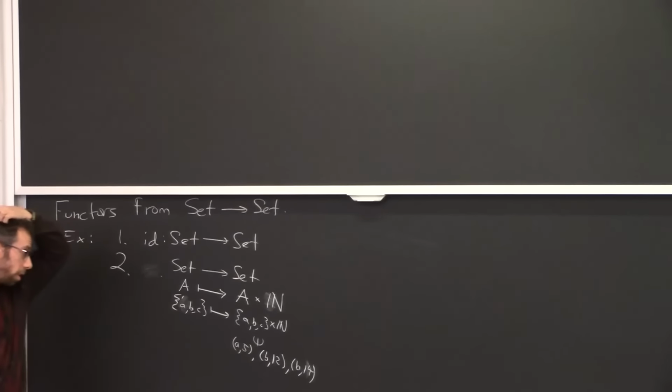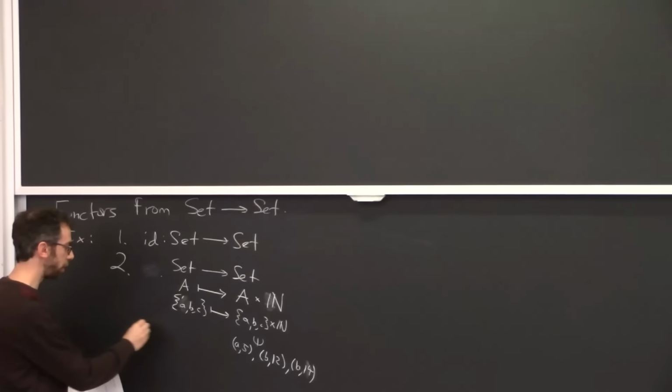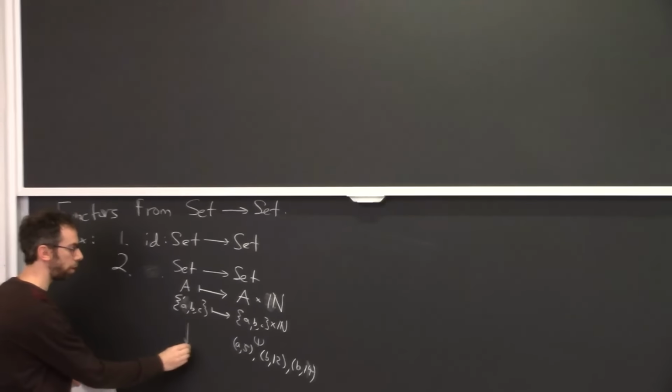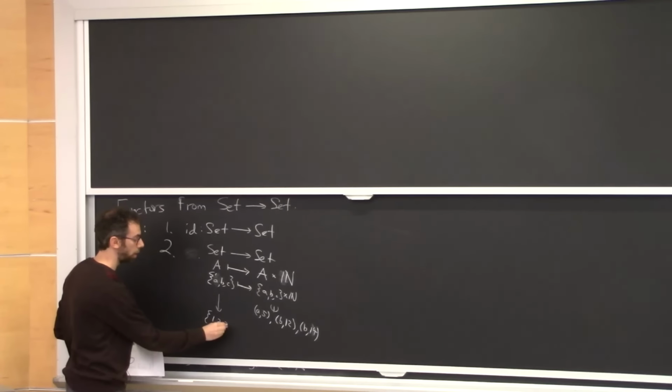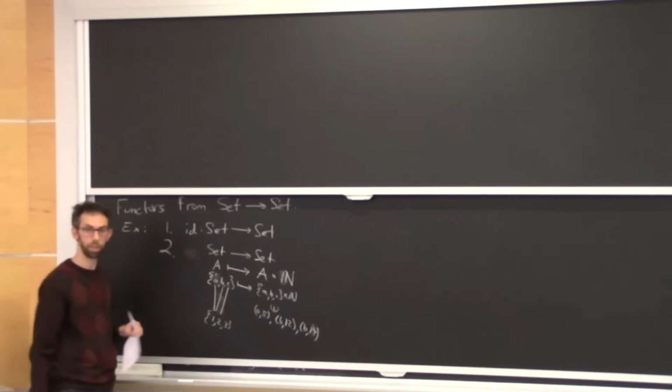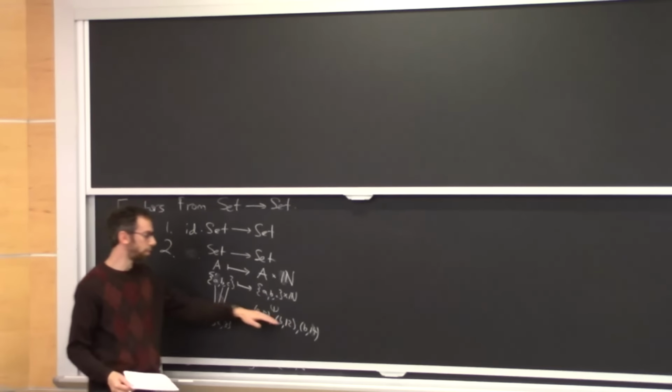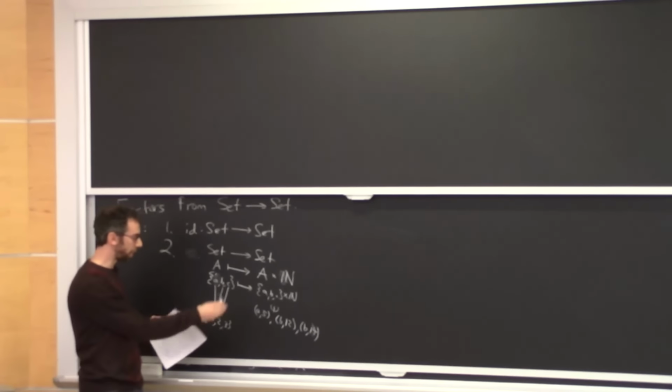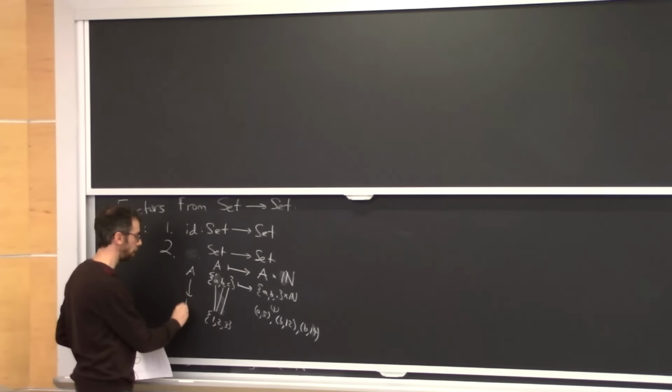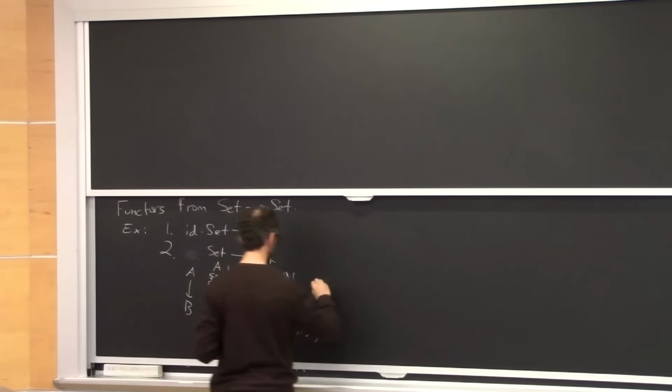OK, so that's the set of pairs. And that's a functor. So if I have a function from ABC to 1, 2, 3, maybe I send A to 1, B to 1, and C to 2. Then what would I do to these three elements? Then what I'm supposed to get is a map from A times n to B times n.